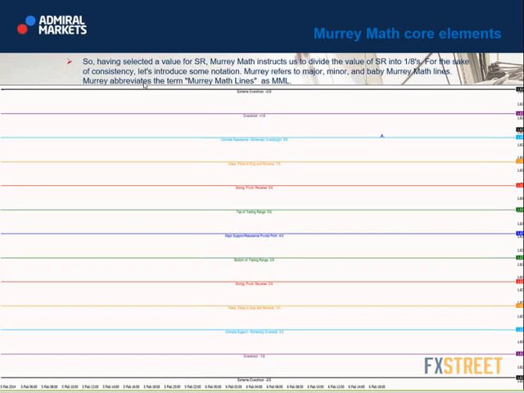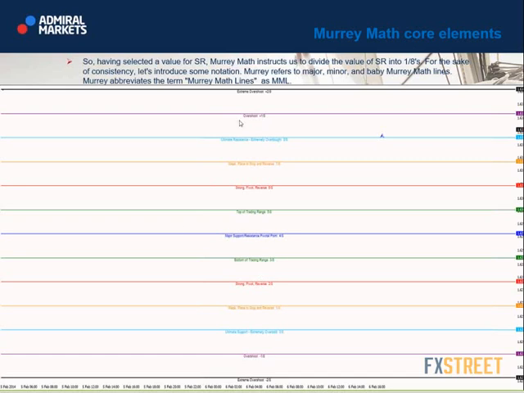Murrey Math abbreviates the term Murrey Math lines as MML. If you're still not sure about the indicator, as always, you can email me and I will send you the indicator itself.